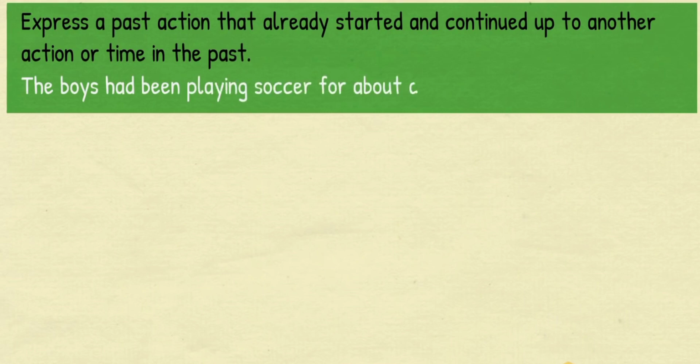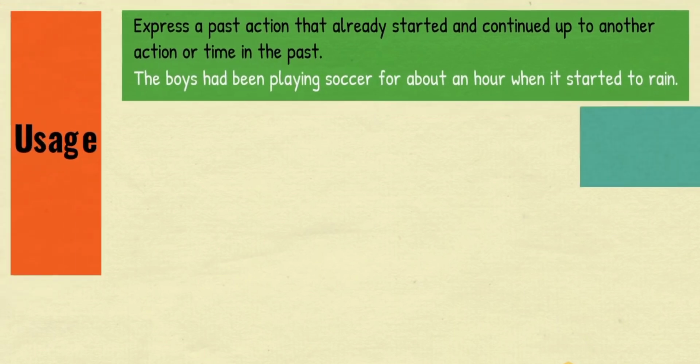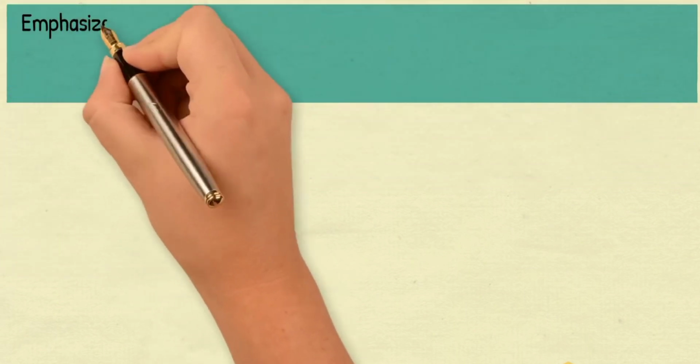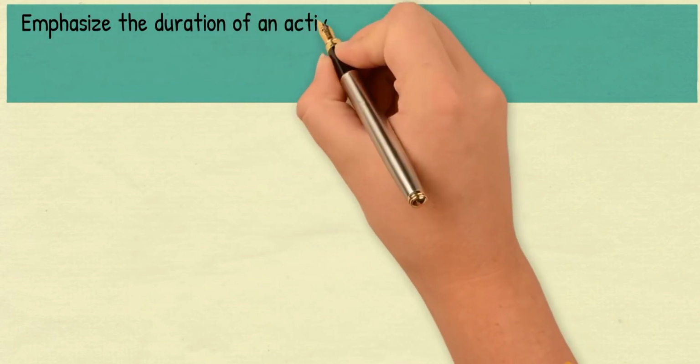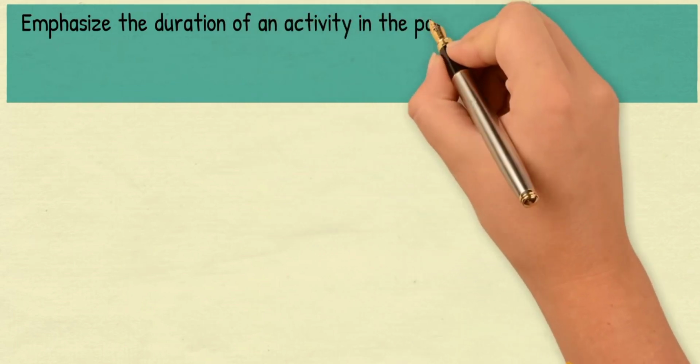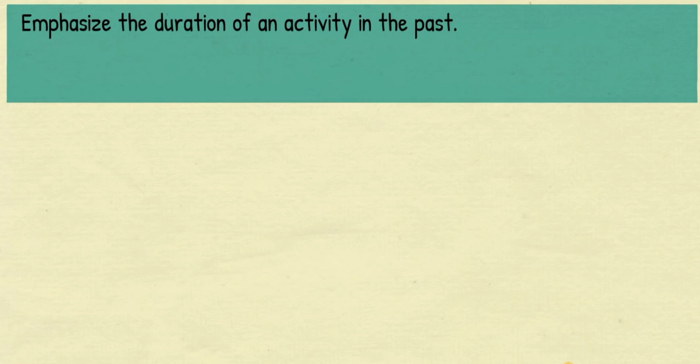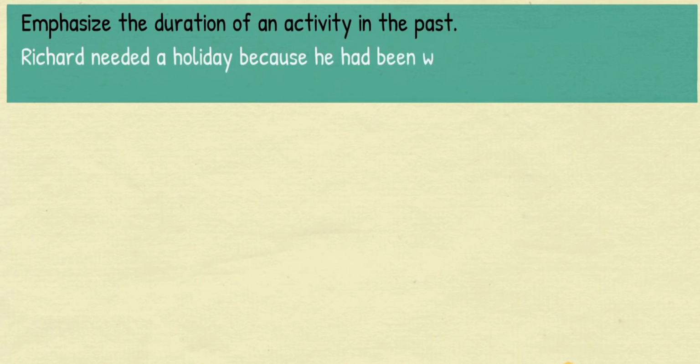The boys had been playing soccer for about an hour when it started to rain. Emphasize the duration of an activity in the past. Richard needed a holiday because he had been working hard for 6 months.